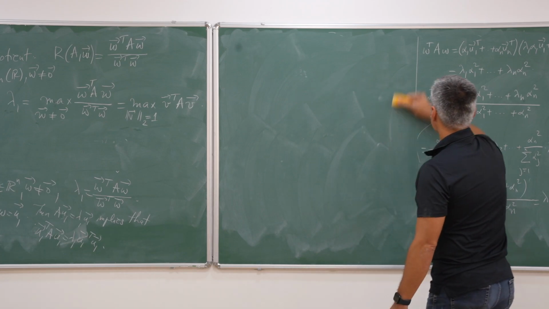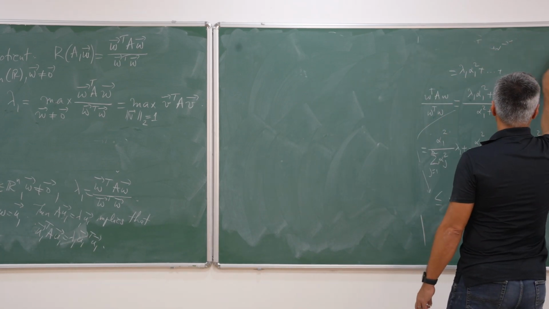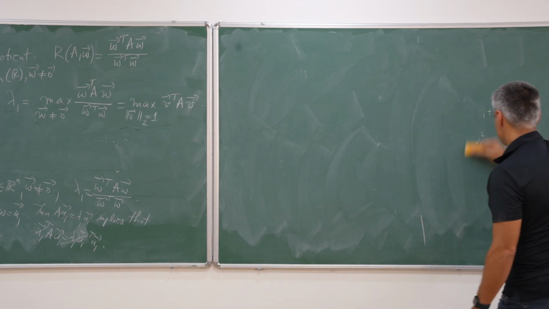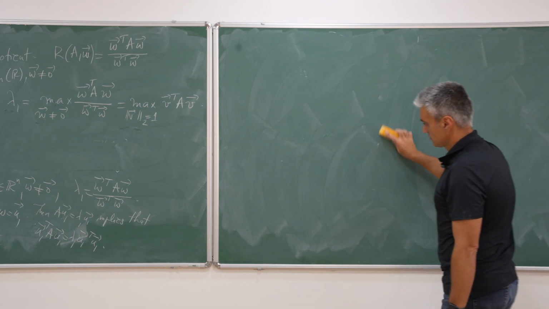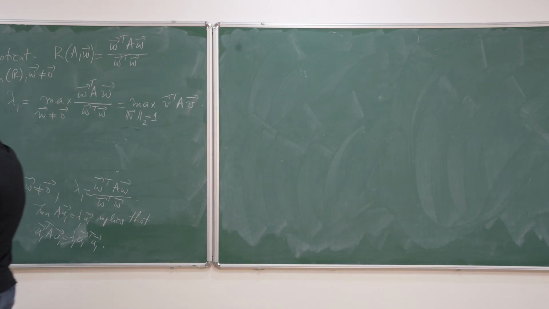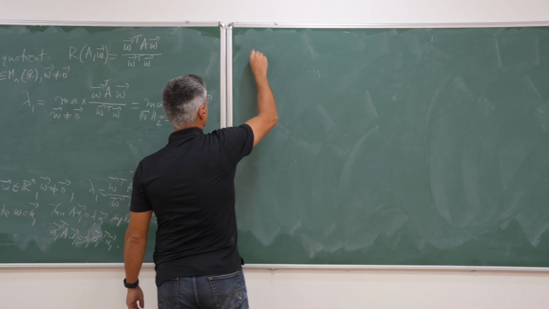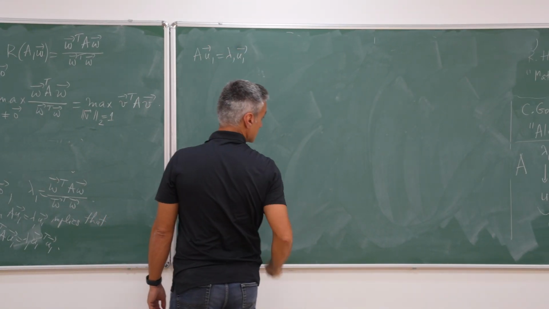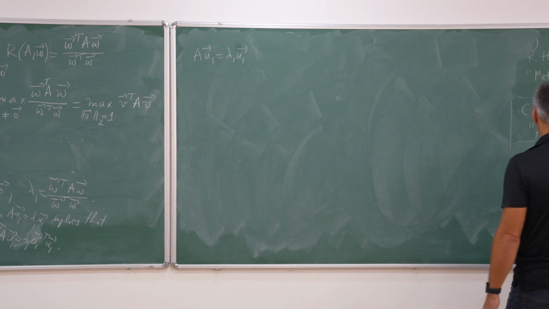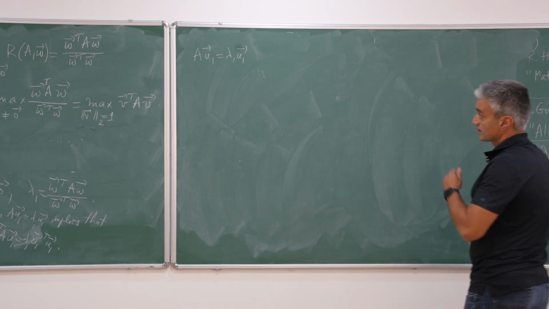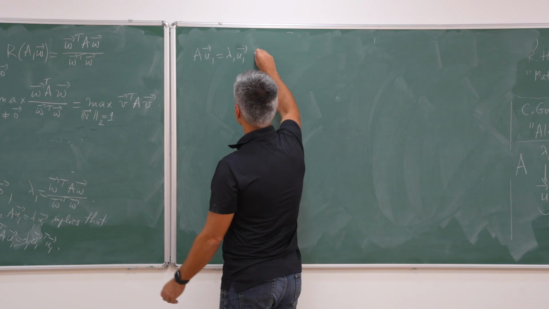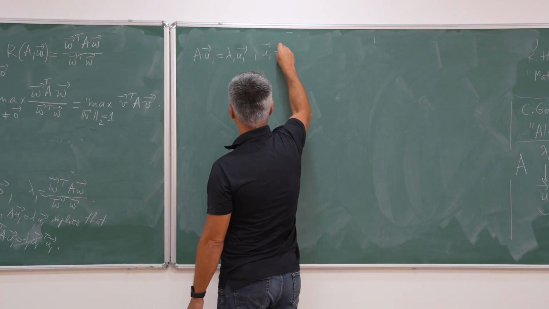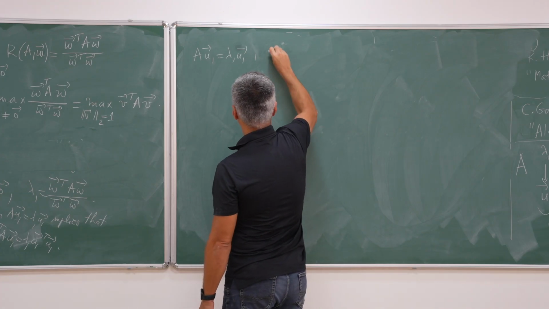So let's come back to the Perron-Frobenius stuff. So I have A U1 equals lambda 1 U1. And like I said, let me take U1 to be of length 1.